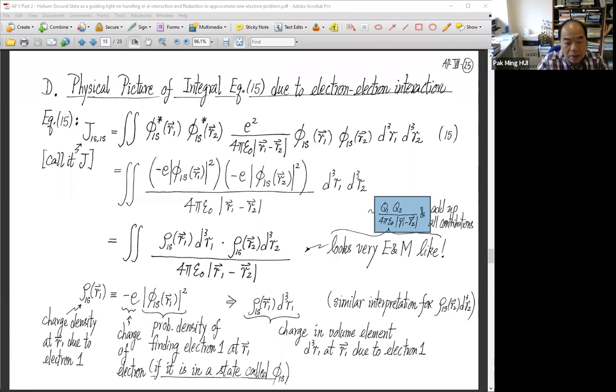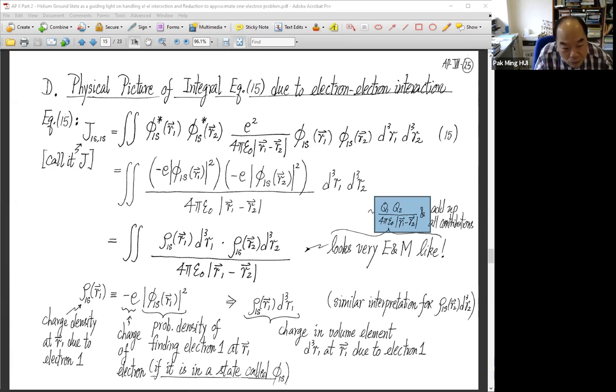So that's what I meant by there is a classical physics interpretation for this term. It's like E and M, but we are mixing in some quantum concept. The wave function squared is a probability density for finding the electron. Multiplying by minus E, it becomes that much charge of the electron found here and there, and they repel.